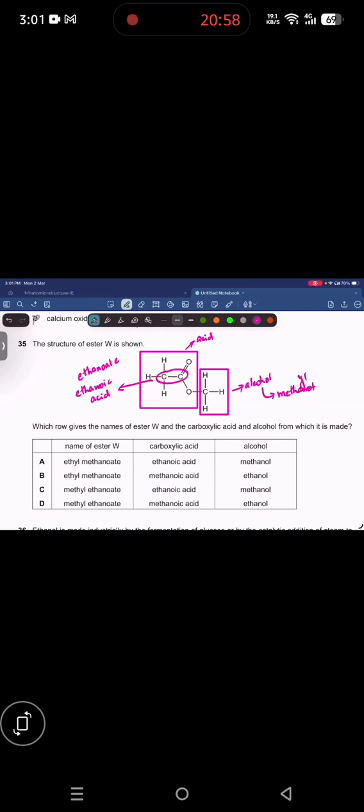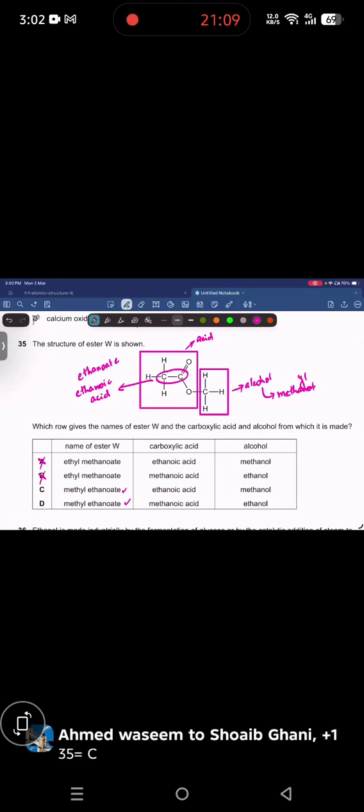Now the name of the ester is methyl ethanoate. C and D are the correct ones here. A and B are not the correct answer. Then the carboxylic acid is ethanoic acid and the alcohol is methanol. So C is the correct answer.